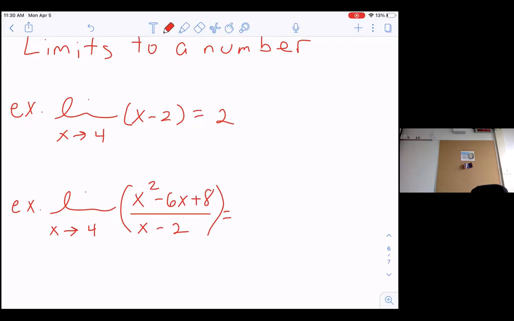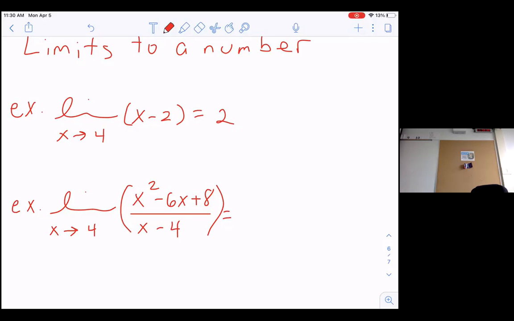Oh, I'm sorry. I'm going to change this slightly. I'm not going to go x minus 2. The bottom is going to be x minus 4, because that causes a problem.